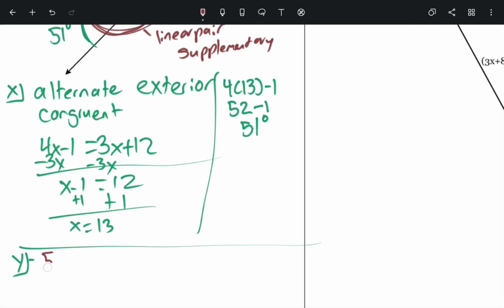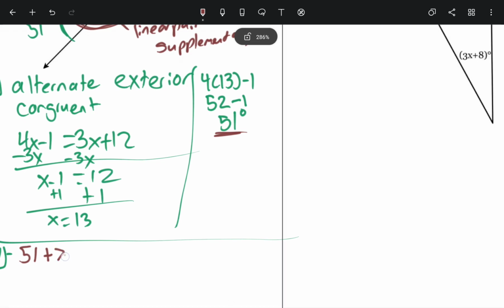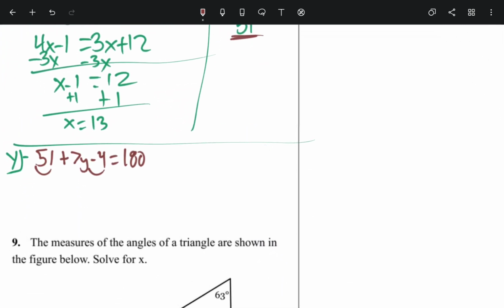So we're going to take 51, which we just found from the x, plus 7y minus 4 equals 180. Combine like terms, so 51 minus 4 is going to give us 47 plus 7y equals 180. Subtract 47 from both sides.